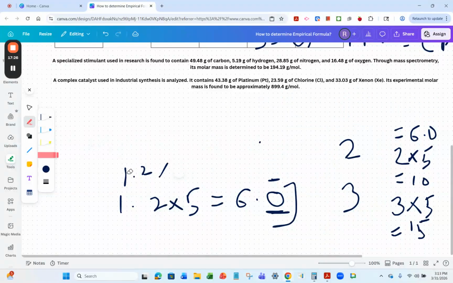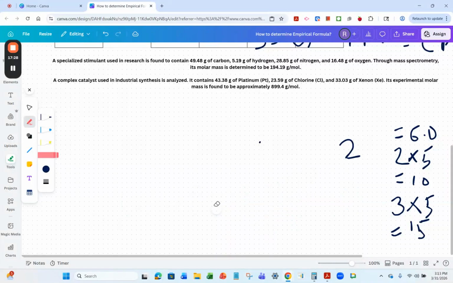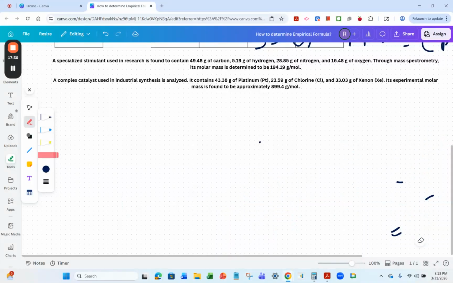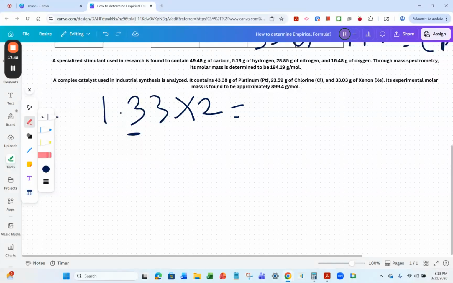So let me show you one more example. Let's say in the fifth column you have 1.33. We know this is an odd number, there is no number which will change this 3 into 0. We will start multiplying with the smallest number, 2, till 9. So when I multiply 1.33 with 2, it will change into 2.66.